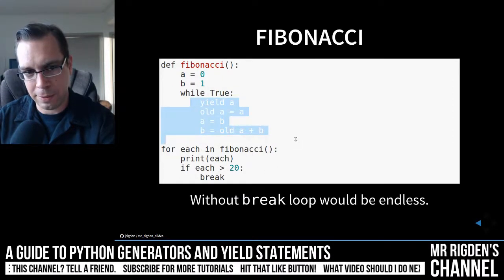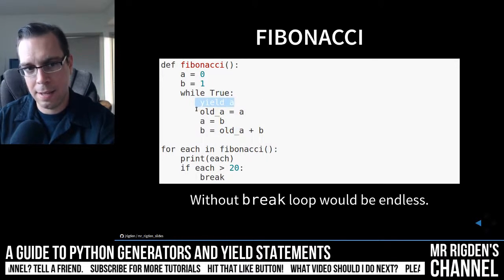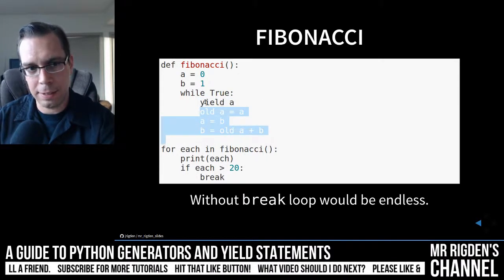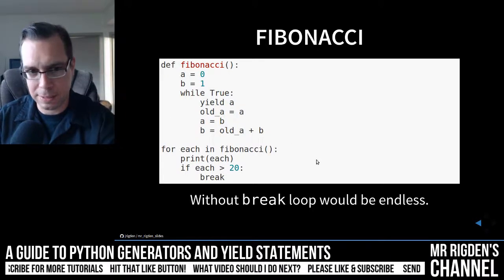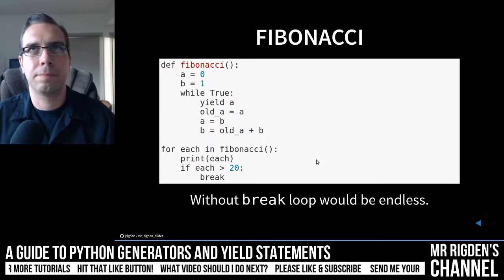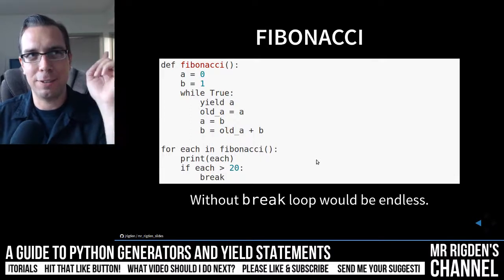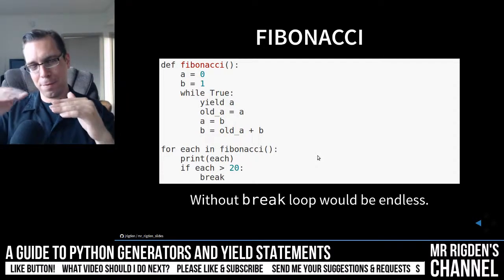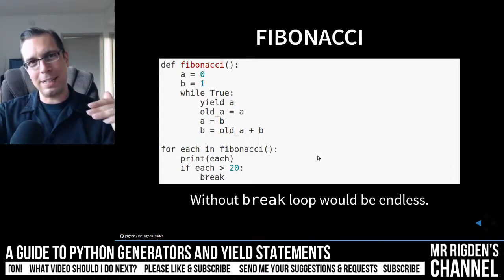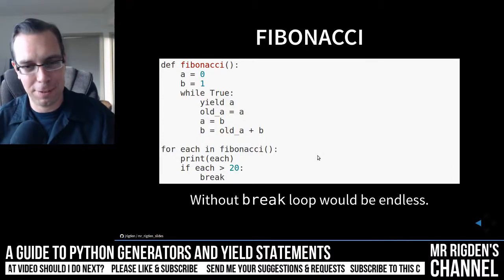It's entering this again, so it yields a, then does the math. Yields a, then does the math. Yields a, then does the math, continuously. I might be wrong about the actual sequence, but at least in this framework, it doesn't matter where the work is being done. The answer comes back correct.